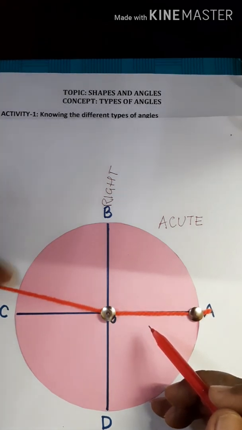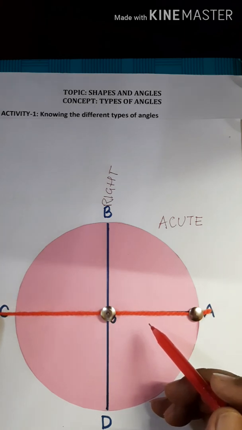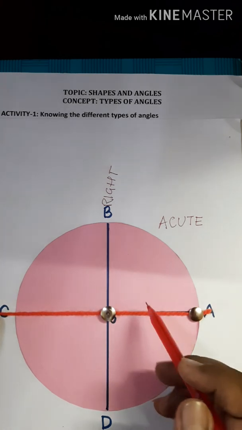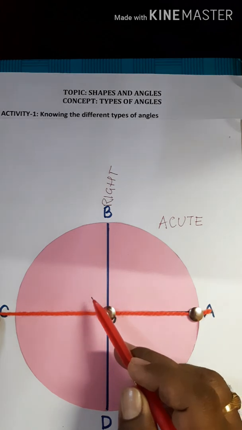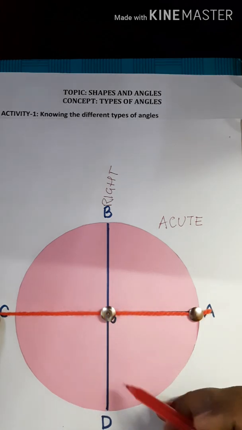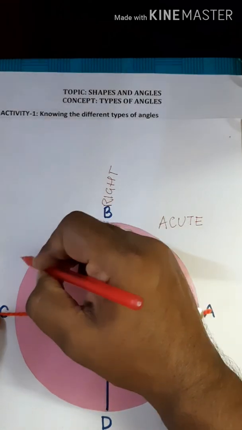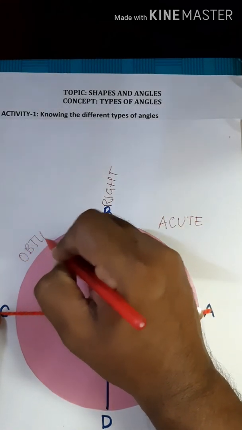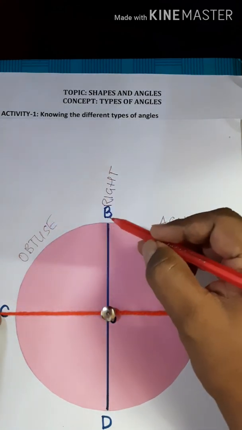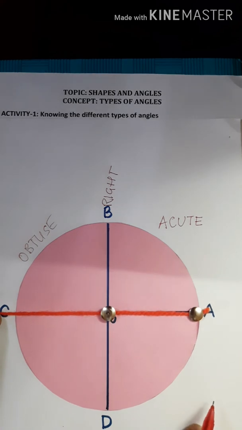Again obtuse. But the moment this thread comes on C, the angle here will become 180 degrees. That is, we call it a straight angle. So I'll write here obtuse. From 90 degrees to 180 degrees, it is an obtuse angle.